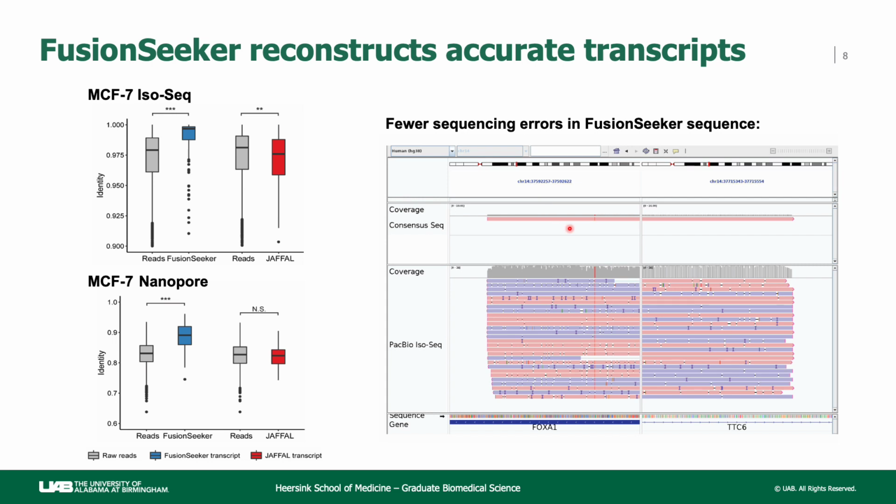One thing interesting is that we do observe one SNP here. This might be a somatic mutation that is present in this particular exon. And this mutation is actually conserved in FusionSeeker's transcript sequences, which means in the future, if we have any somatic mutations, they will be maintained by FusionSeeker.